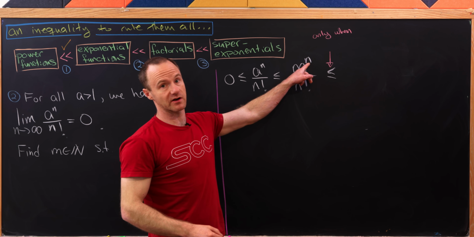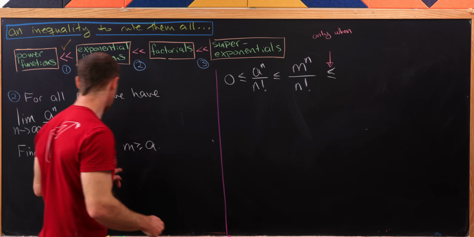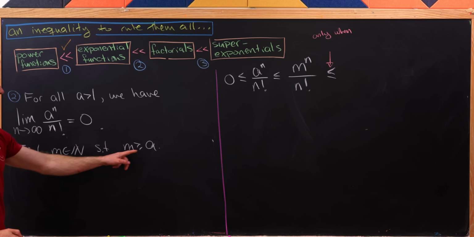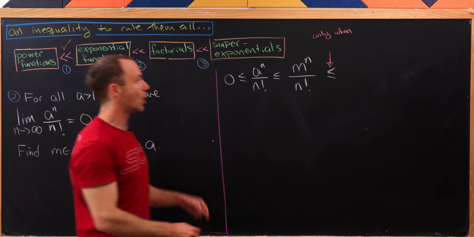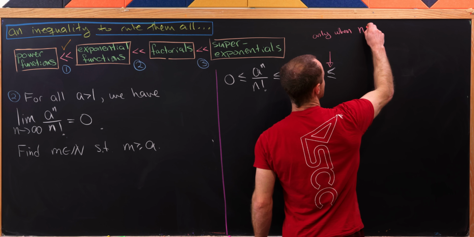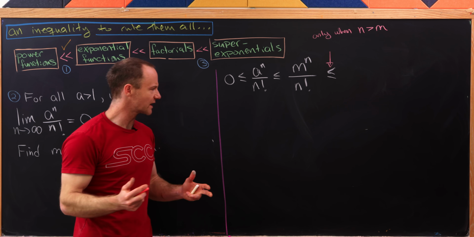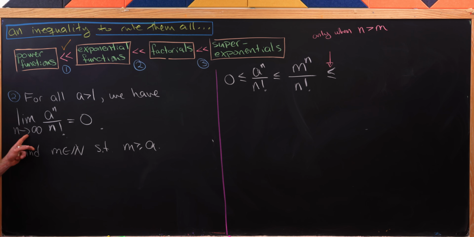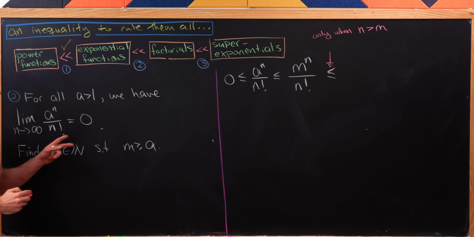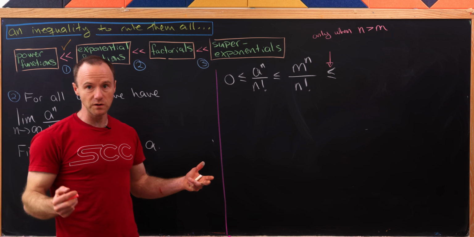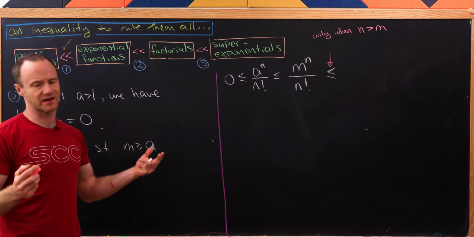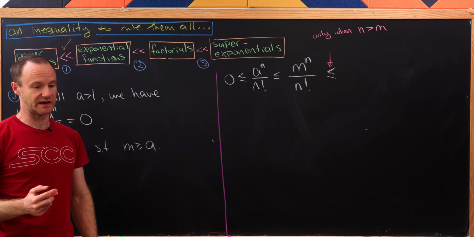So n is the variable here. m is just something that we have fixed as a constant natural number larger than a. So only when n is bigger than m do we have this inequality. But that's totally okay because the limit is as n goes to infinity. So for most of the n that we're talking about within this limit, those are larger than m.